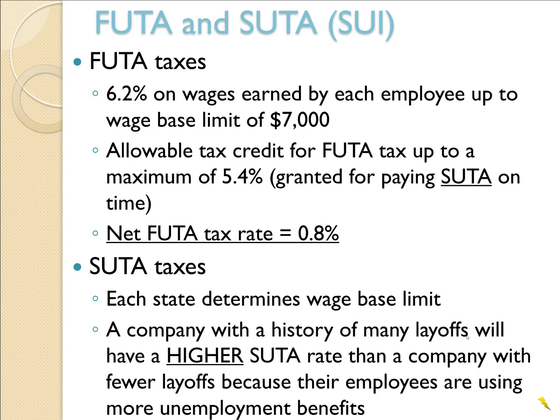A company with a history of laying off a lot of employees will pay a higher SUTA tax rate than a company that does not lay off many people. Why? Because the company laying off many people has employees using more unemployment benefits, so the percentage they have to pay into the program is higher. When we get to the homework, it's just going to give you the percentage that the particular company is paying for SUTA.